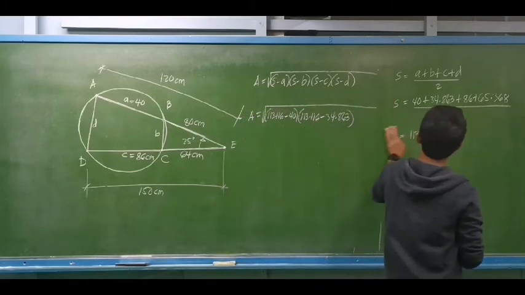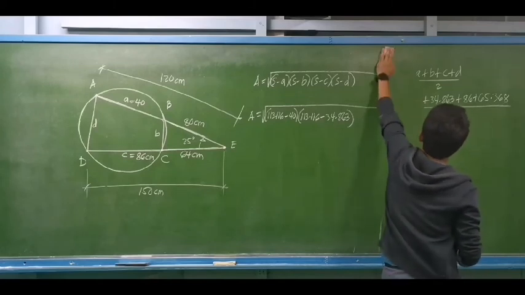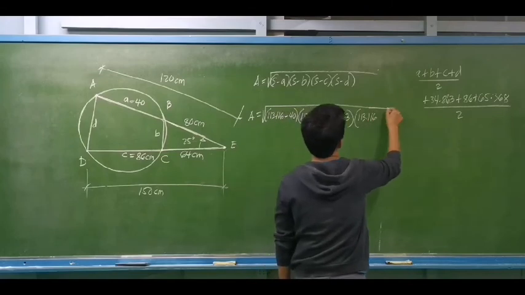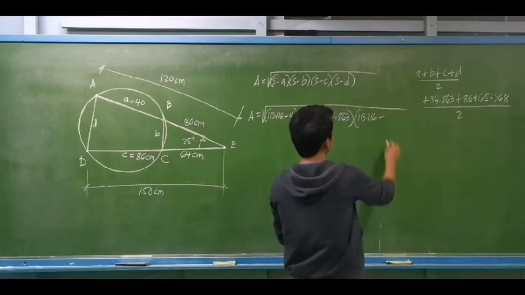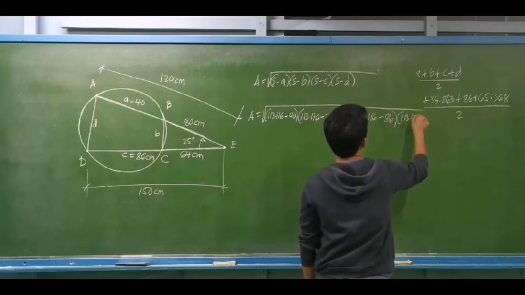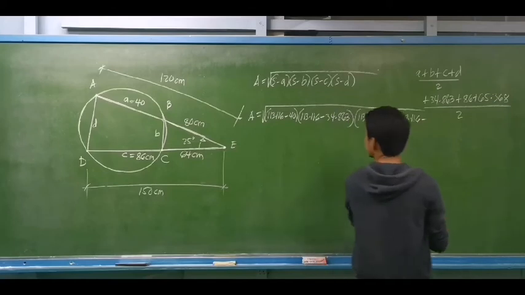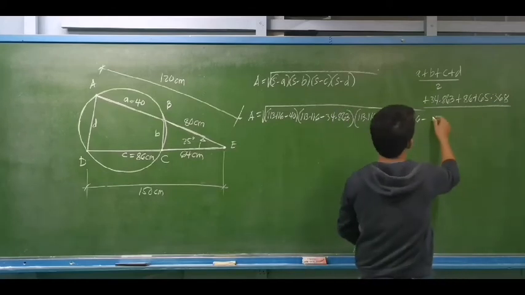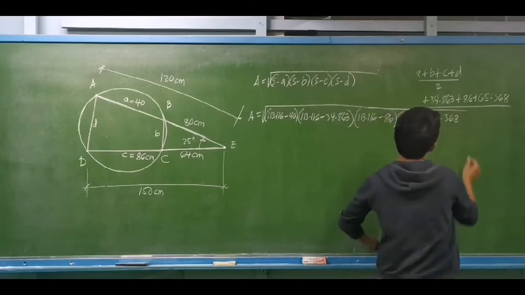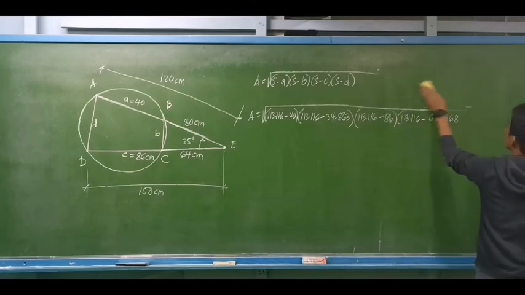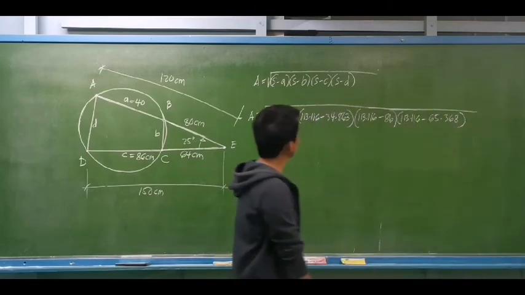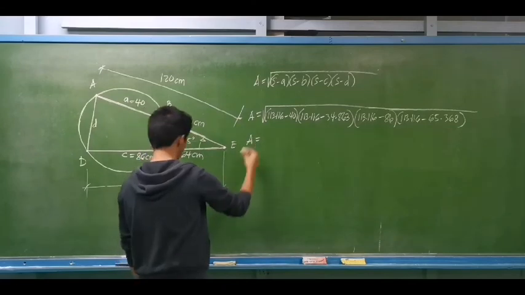Then 113.116 minus C, 86. Then 113.116 minus D, that is 65.368. So this will be the area of the cyclic quadrilateral.